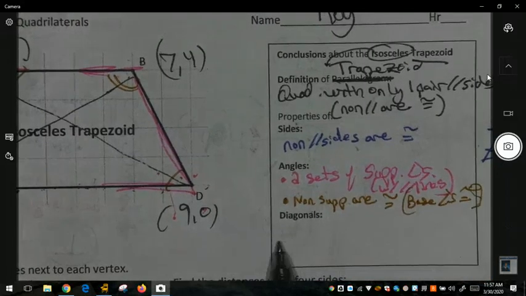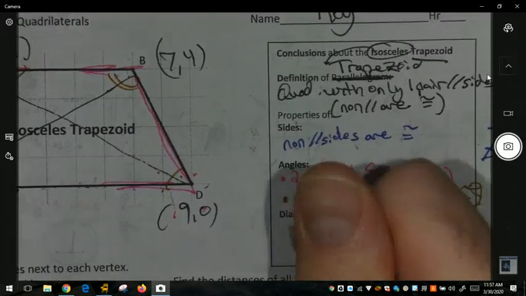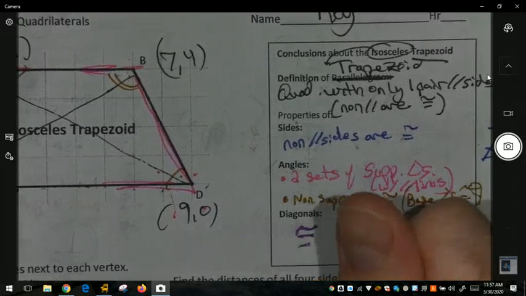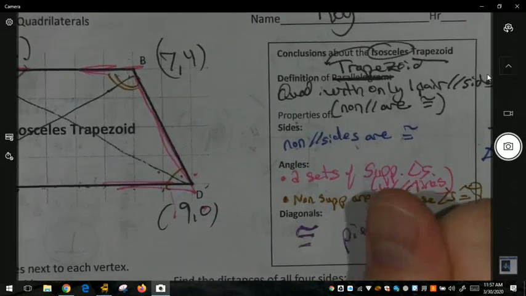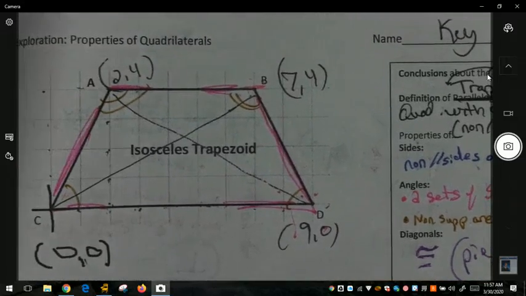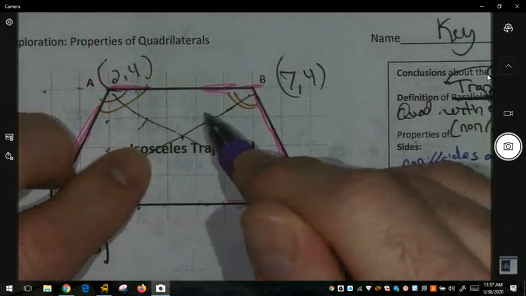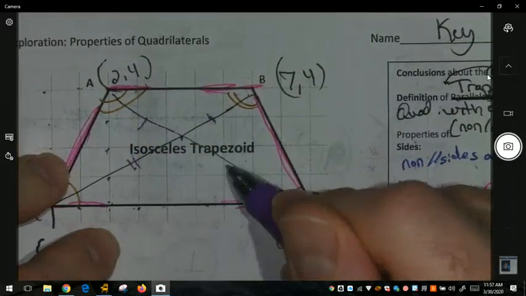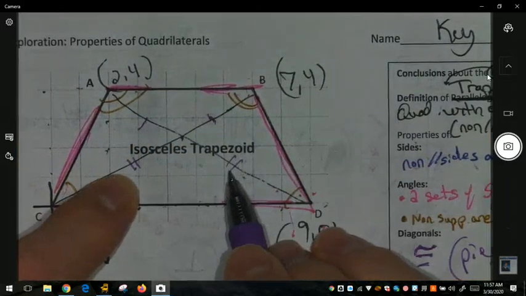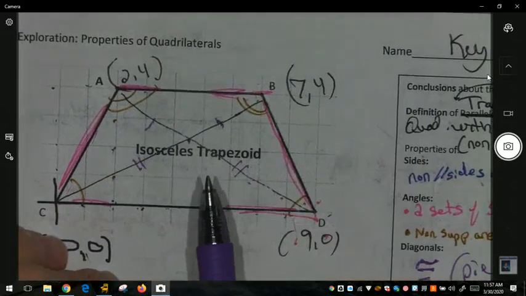Our diagonals do not bisect each other, but our diagonals are congruent, and their pieces are congruent too. We didn't see that from our calculation, but if we actually knew what this ordered pair was, we could see that this and this are the same length, and this and this are the same length, and the whole thing adds up to the same length.